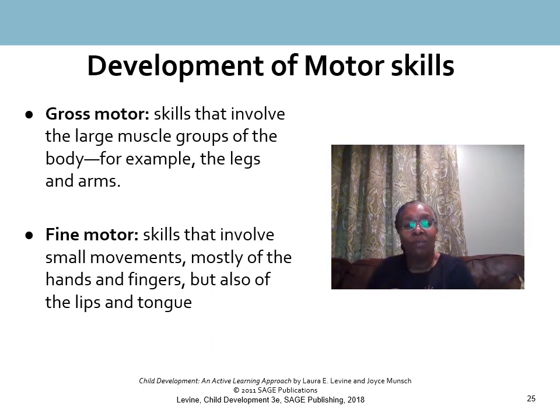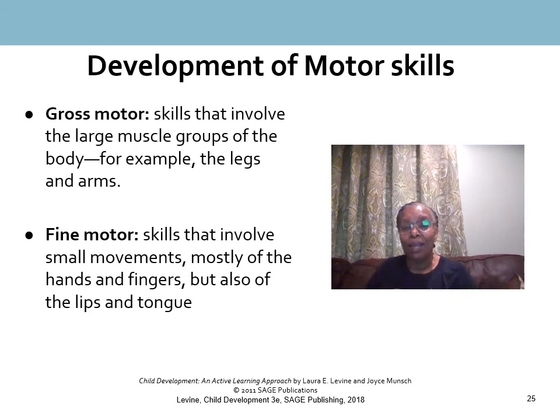In terms of developing motor skills, children are going to develop both gross motor skills, where the larger muscle groups of the body, like our legs, are developing, as well as finer motor skills. Fine motor skills include small movements, mostly with our hands and fingers, hand and eye coordination, as well as our lips, being able to get them to move appropriately.